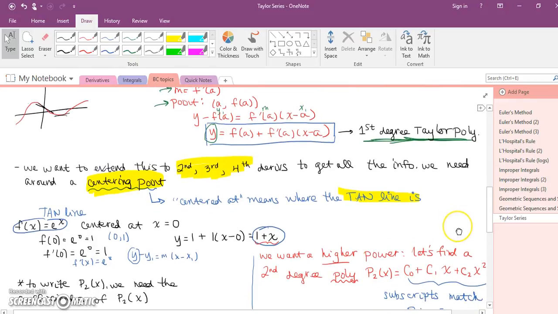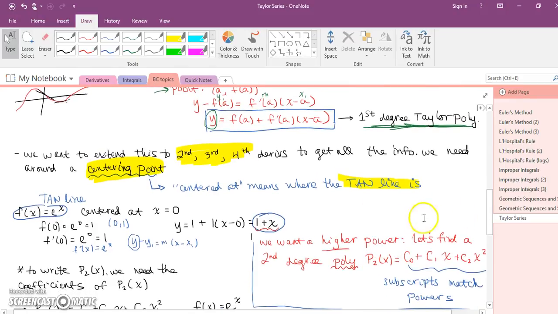And polynomials in general have the form c0 plus c1 x plus c2 x squared. Now we're going to start getting into some heavy notation here. These are your coefficients. Every polynomial has coefficients in front of the variables like x, x squared, x cubed. The way to make a Taylor series is you have to find out what these coefficients are.